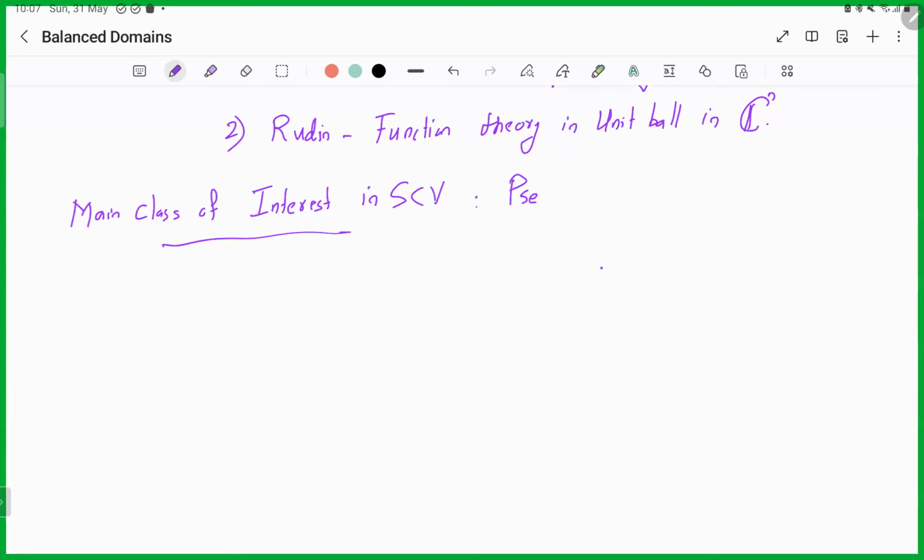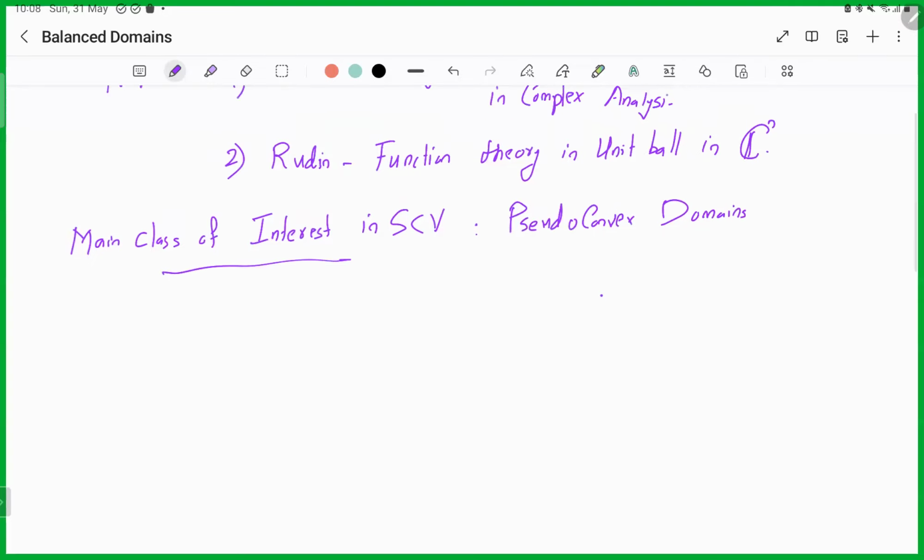I am not giving the definition of pseudoconvex here. The end of our talk is balanced domains.